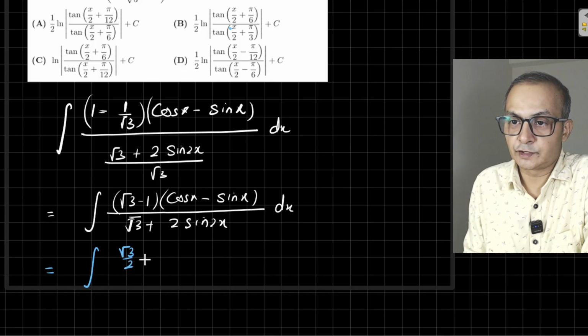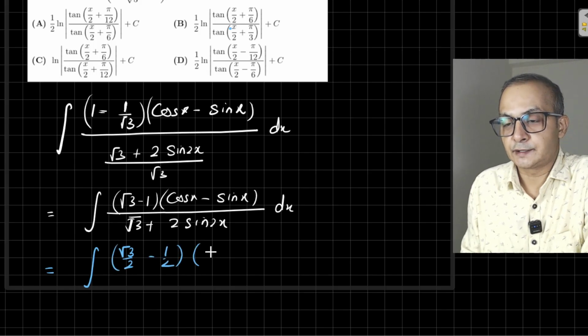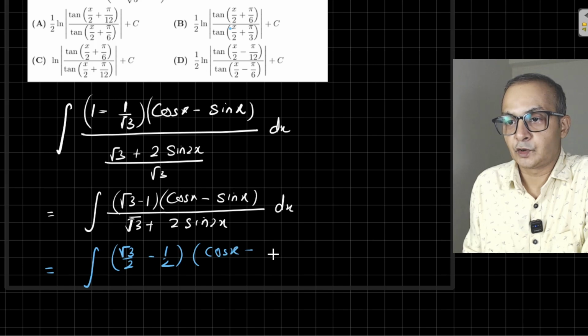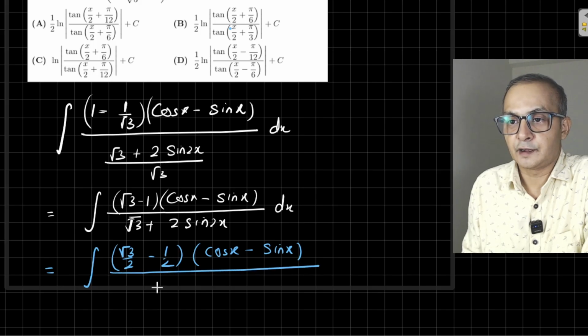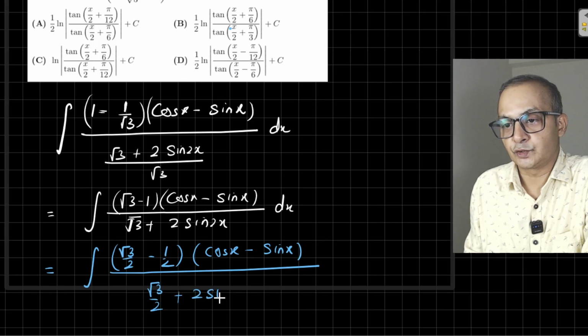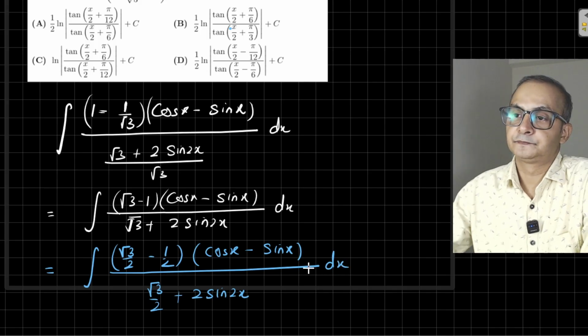So this will give you root 3 by 2 minus 1 by 2 at the first bracket, and here I have cos x minus sin x, and in the denominator I have again root 3 by 2 plus 2 sine 2x, and here dx.